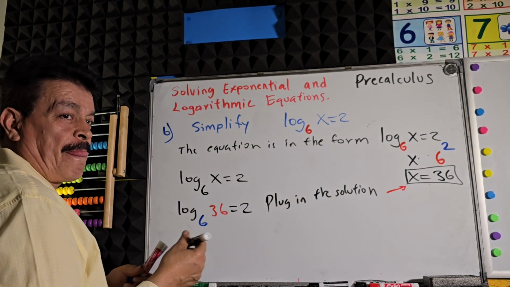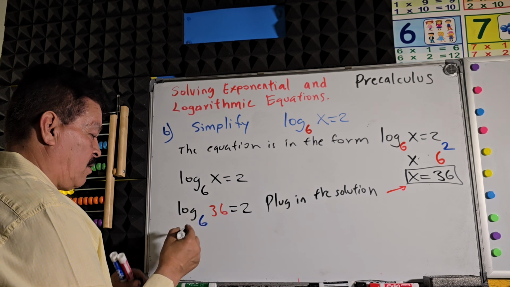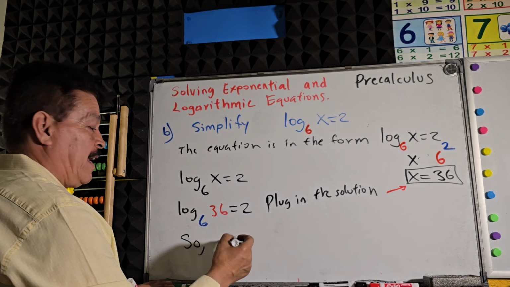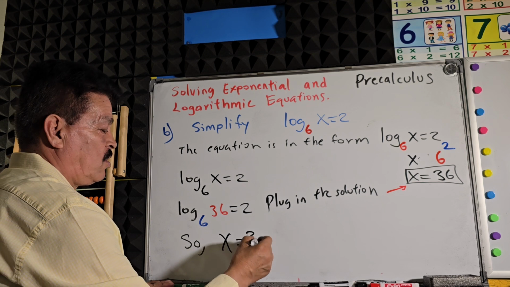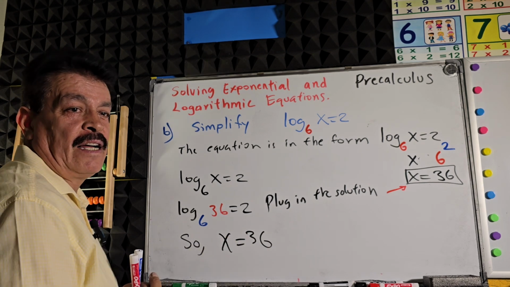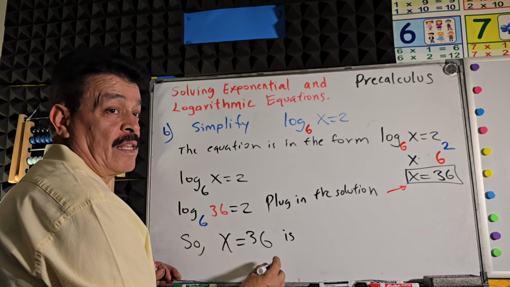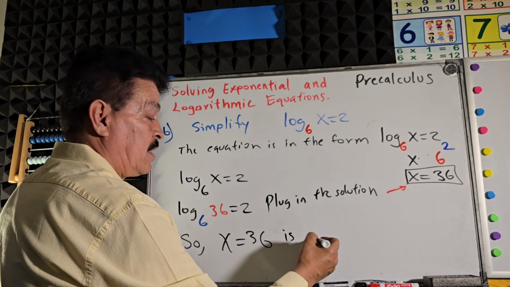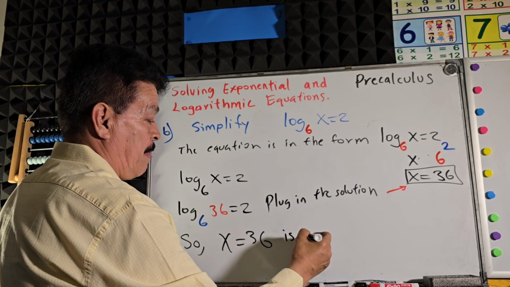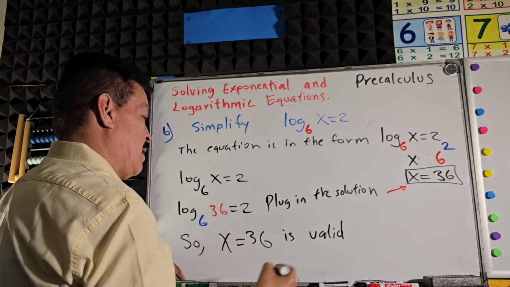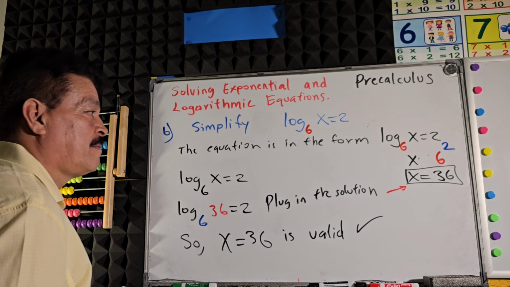So as the conclusion, x equals 36 is the valid solution.